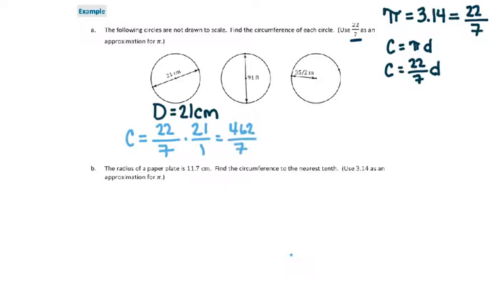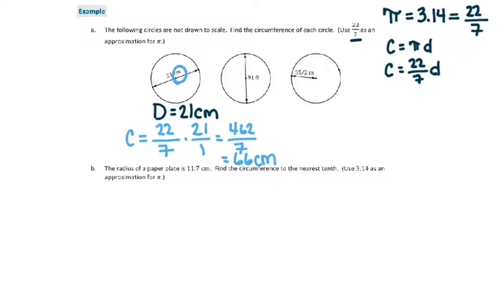And when I divide 462 by 7, I get a perfect number of 66. And in all of these problems, when I'm finding the circumference, I'm always going to take my units with me. So my units here are centimeters. So the circumference of my circle is 66 centimeters.